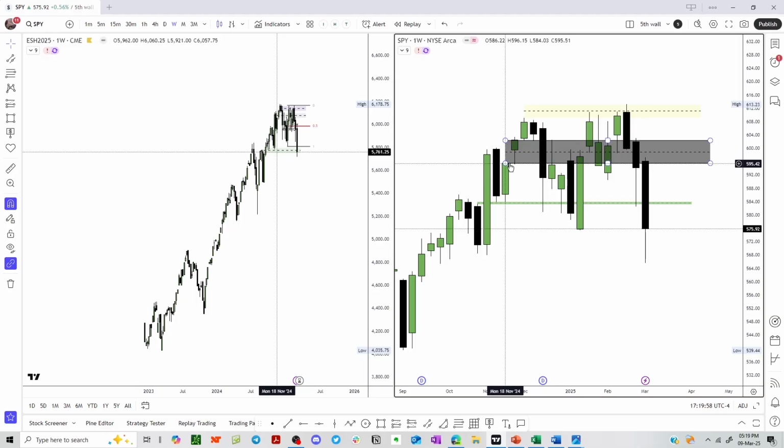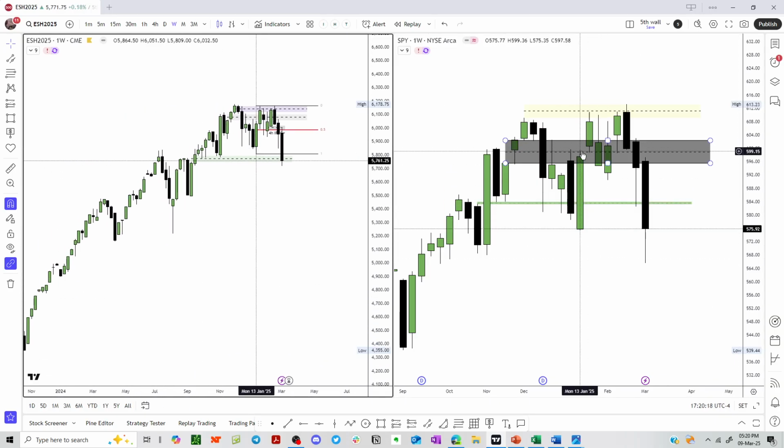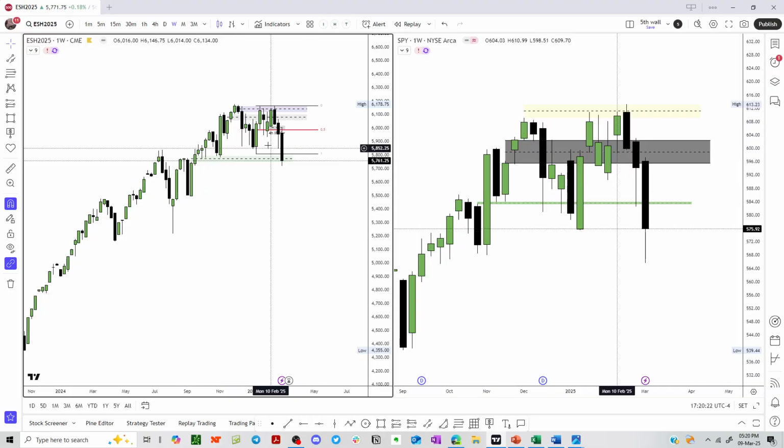Liquidity void, this volume imbalance here. Reminder, I already did that one. So that's literally the only fair value gap here and the only fair value gap here. All right, let's leave those volume imbalances off. We did see that if that's your PD array, that was golden, they work, right? Those were valid for SPY.